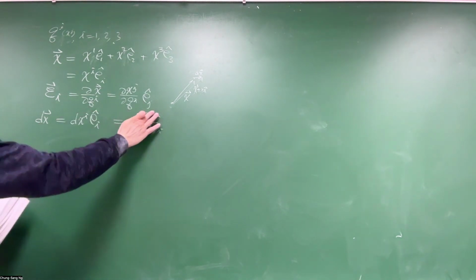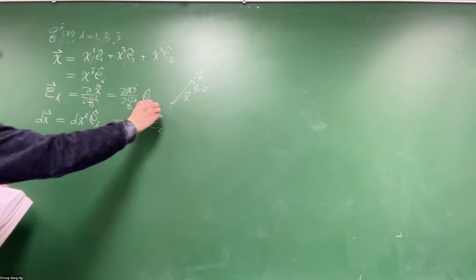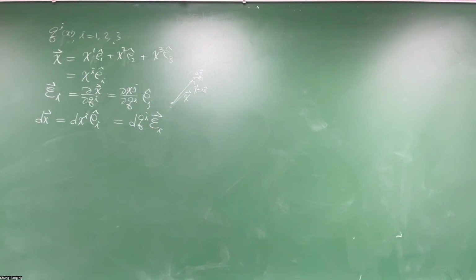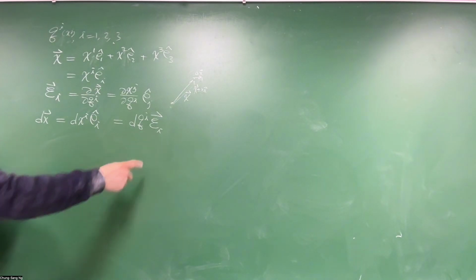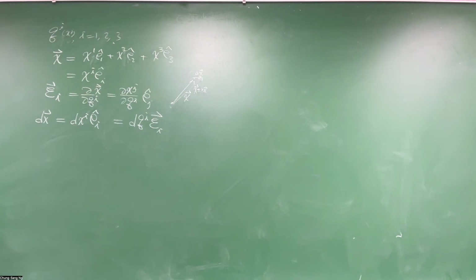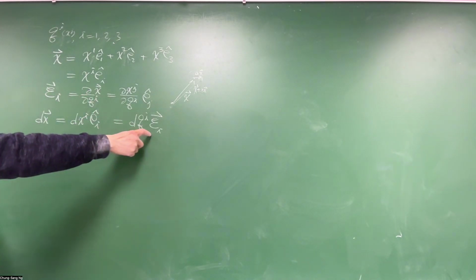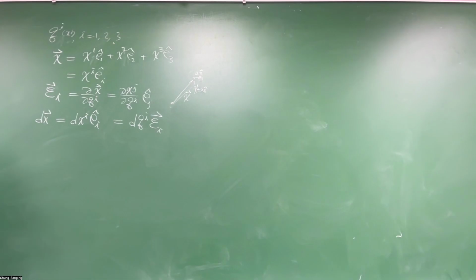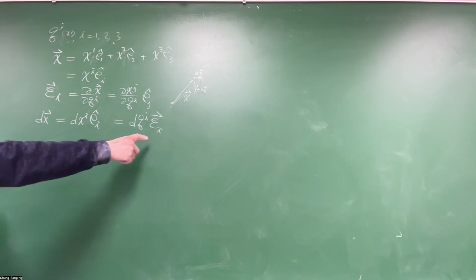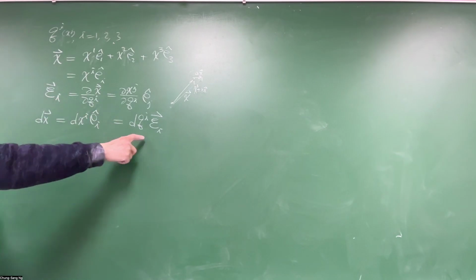This is not a unit vector, so be careful. This is just the basis vector. It's not a unit vector because it's not normalized. Because you define it like that, the length of that may not be 1.